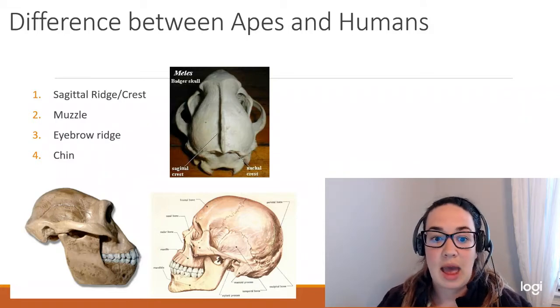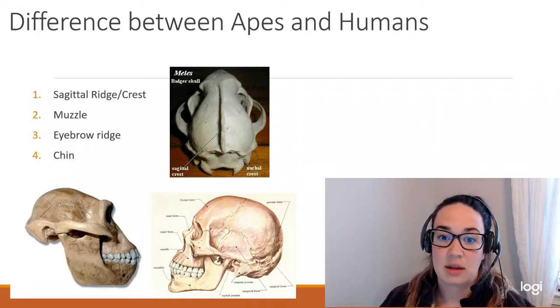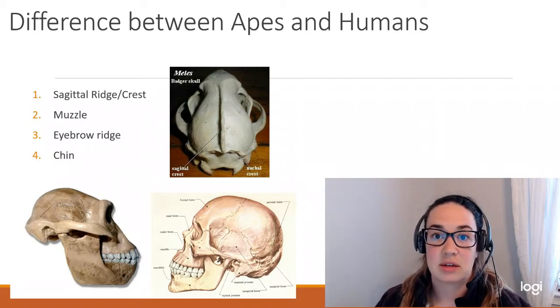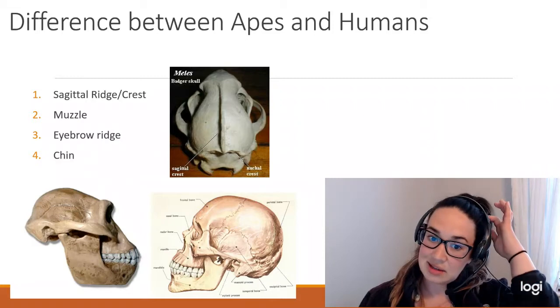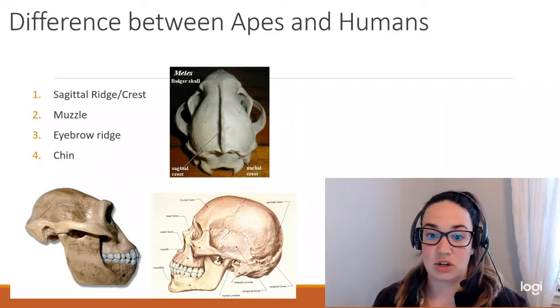Now, apes have this bony ridge that goes along the back of their head. And so that is one of the defining features that distinguishes the human species from ape species, the existence of this sagittal crest, or this ridge on the back of the skull.